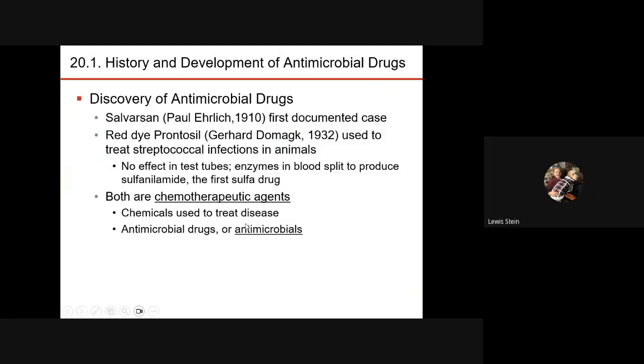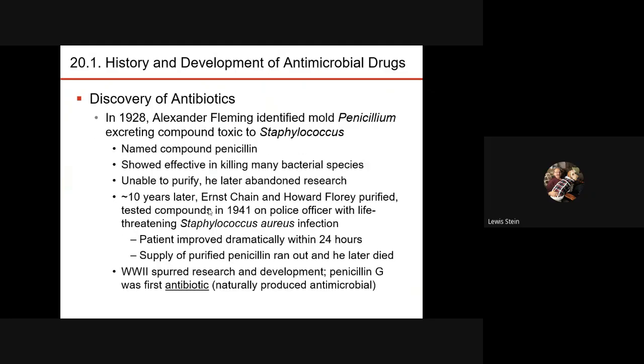So chemicals are used to treat disease: antimicrobial drugs, or antimicrobials. So the parent name is, and notice the term, chemotherapy. It doesn't have anything to do with cancer. It means using chemicals to make people better. Antimicrobials, that's the global term. Antibiotics are different.